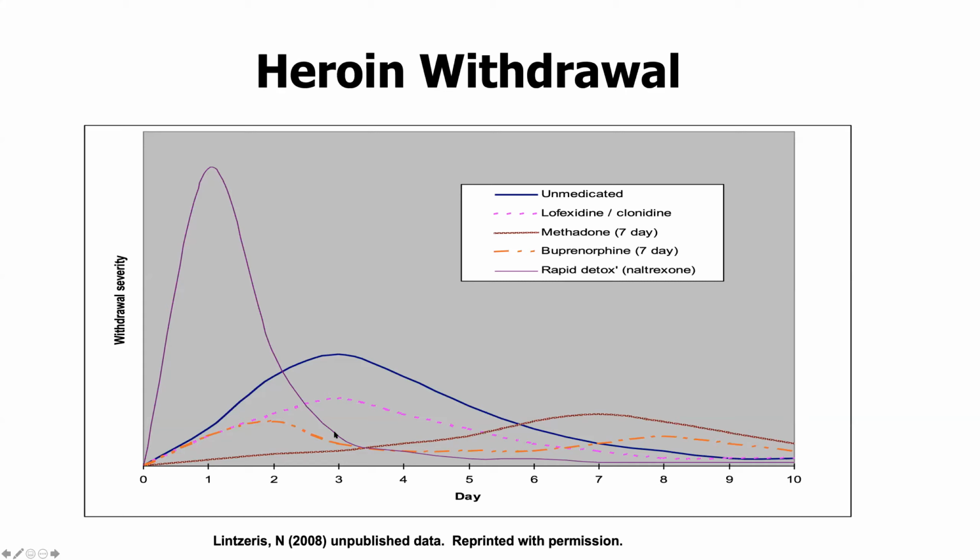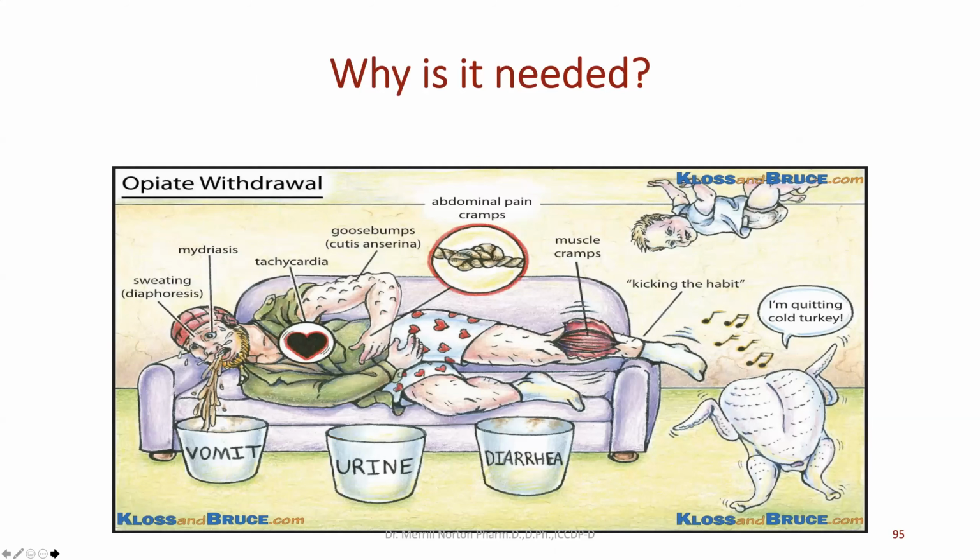And you begin to see that the person's functionality is actually improved quicker with buprenorphine than with methadone. Methadone is a pretty slow onset. It works well and has lots of good properties, but it has a drawback in terms of onset of activity. And again, the withdrawal is kind of like this picture, which I gave to you so that you can have it as part of the indication.